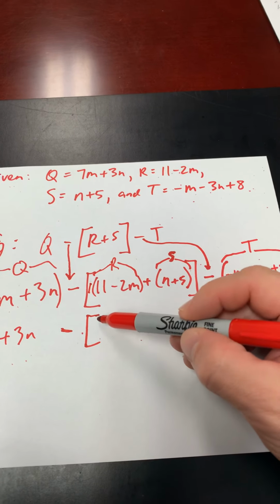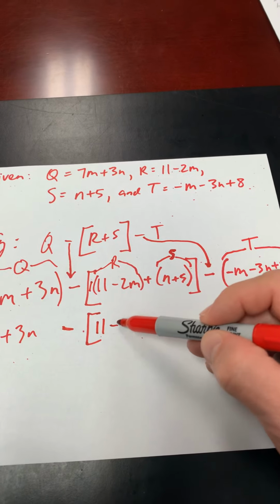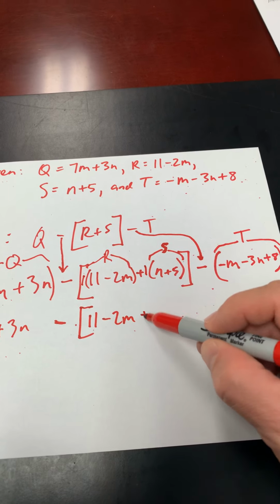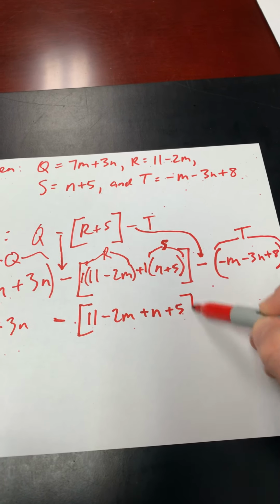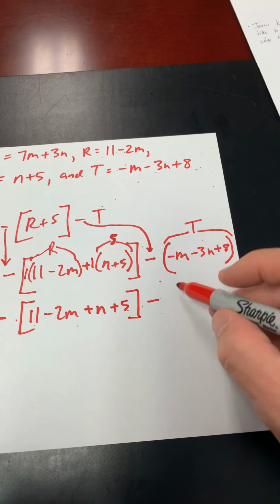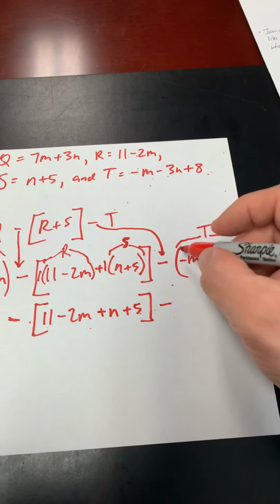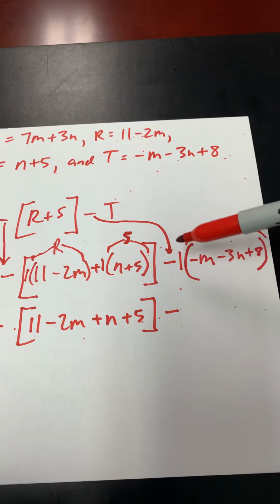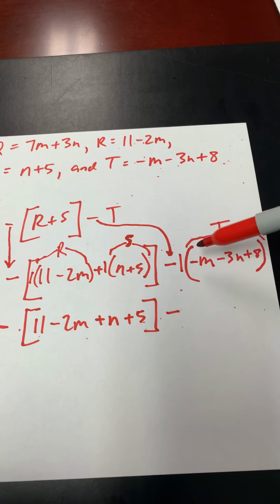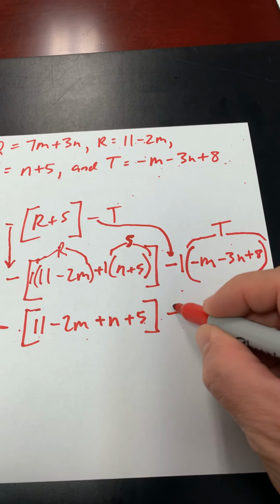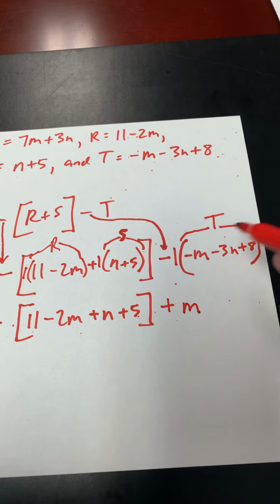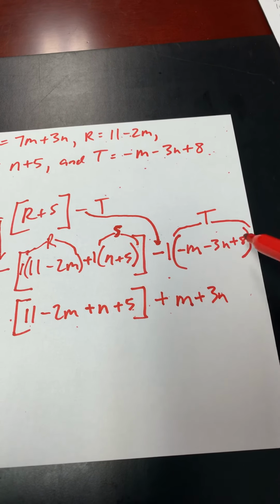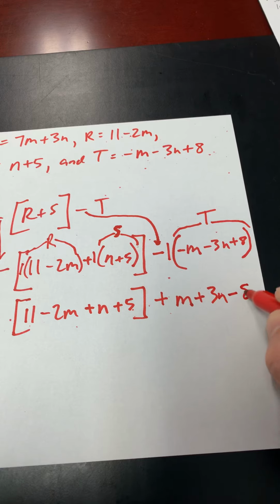So that's going to be 11 minus 2m, and then we have a 1 here, and that's not going to change anything either, so it's plus n plus 5 minus, okay? All right, now look. So I'm going to go ahead and distribute this, and so I take a -1 times -m gives me positive m. -1 times -3n gives me positive 3n. And -1 times positive 8 gives me -8.